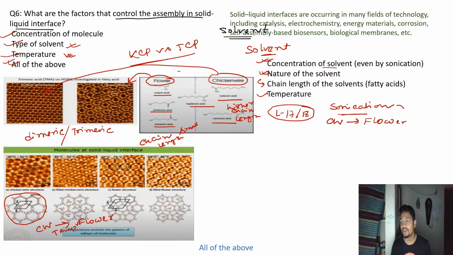Sonication is nothing but increasing the local concentration on the surface. So that means concentration of solvent molecule is important. So this will be the answer. So all of the above, right? All of the above is the answer.